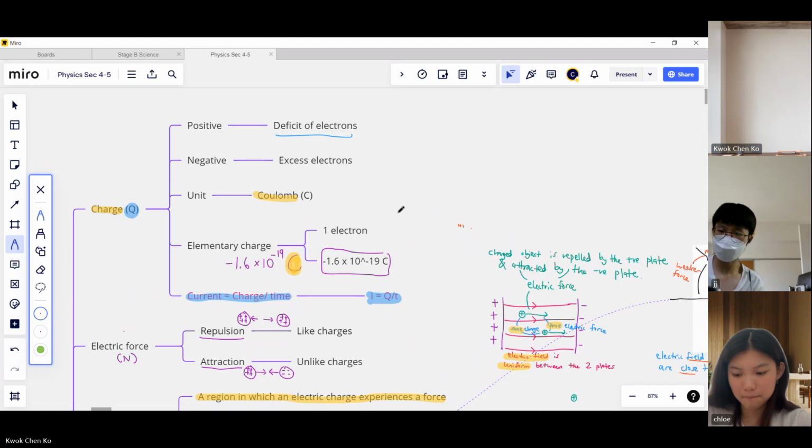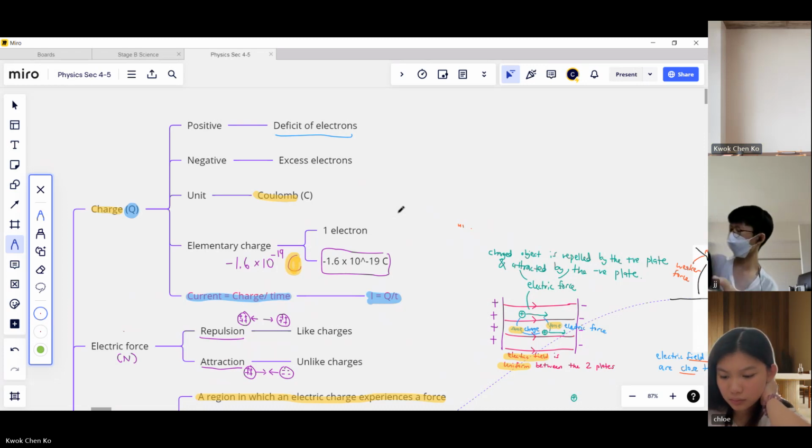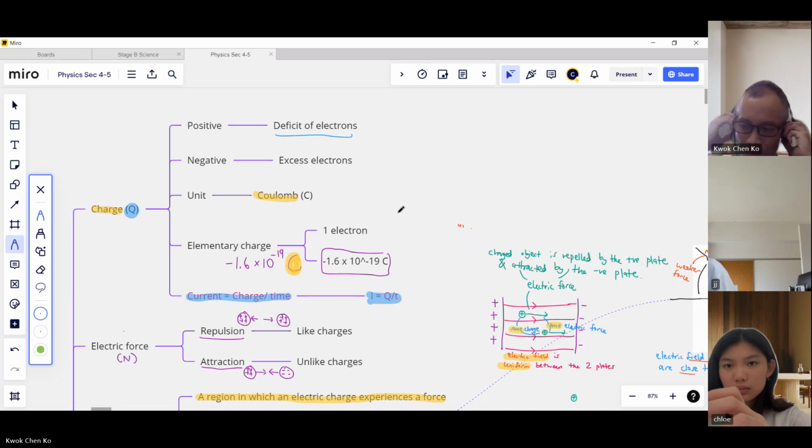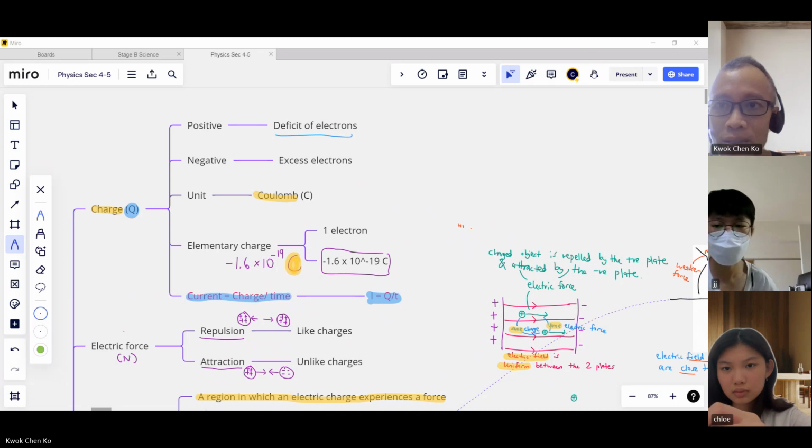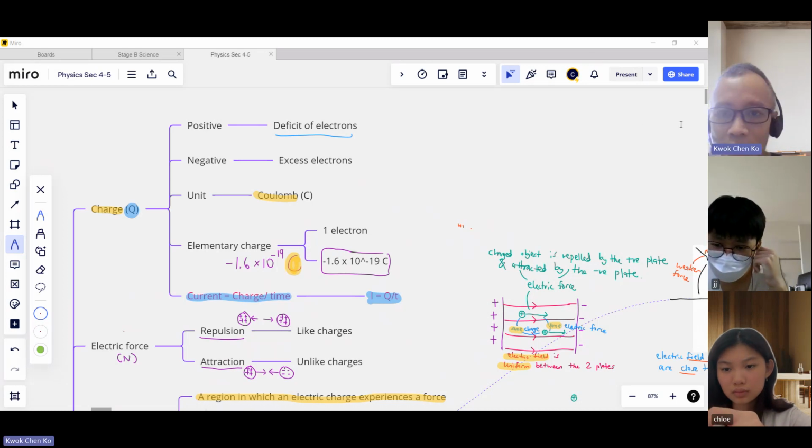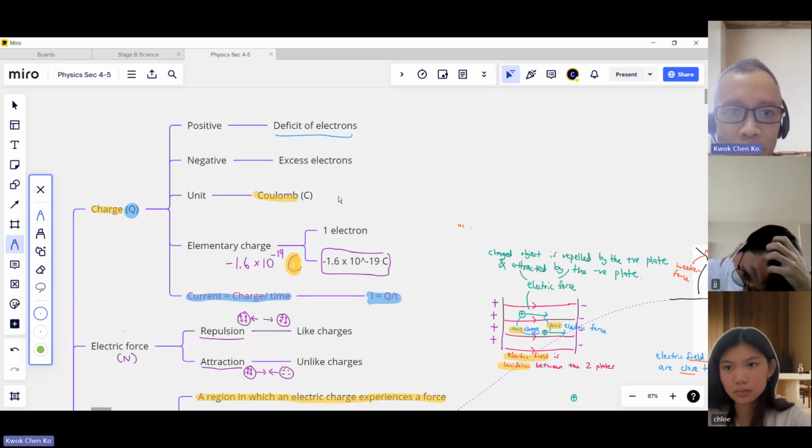Okay, like I say, there's only one particular formula to use, so I'll be very quick about this.